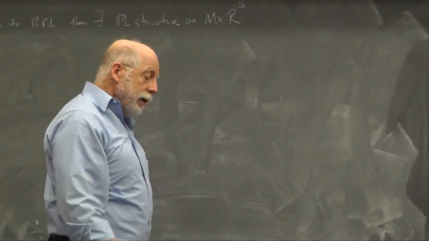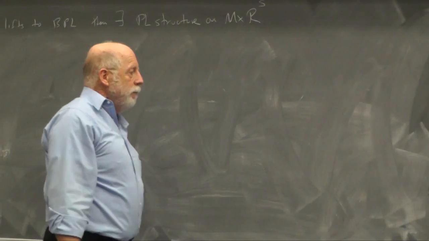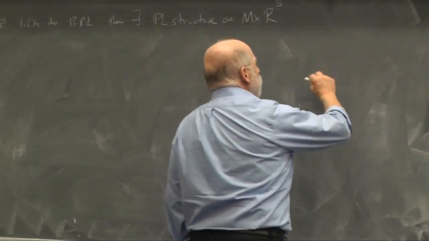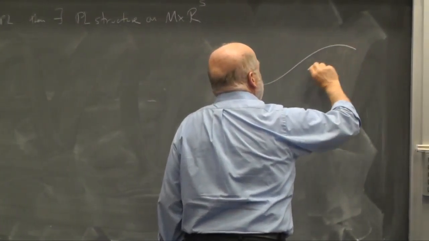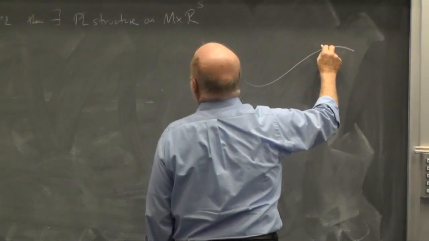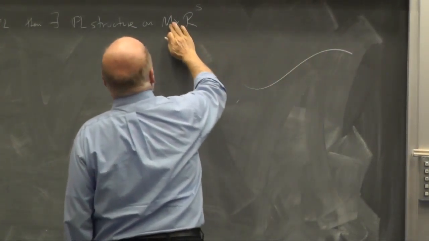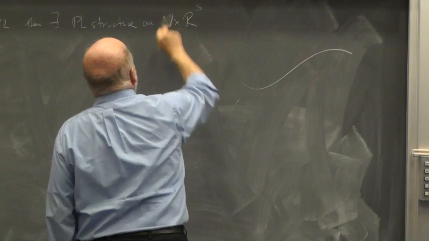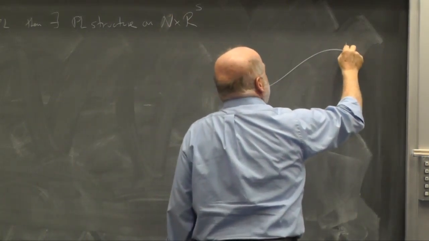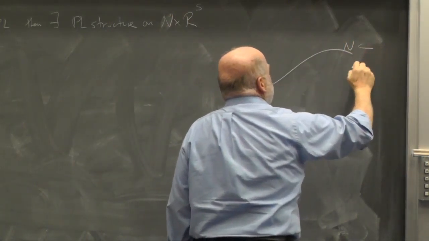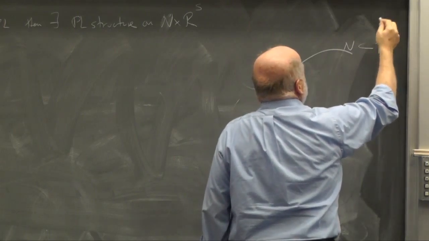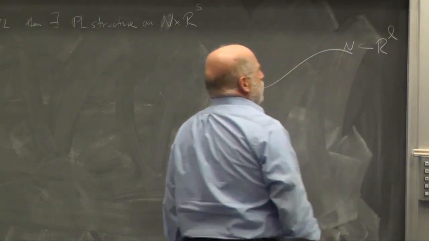In fact, let me say it for the smooth case, where you'll see it better. So suppose we have N embedded inside some high dimensional Euclidean space.